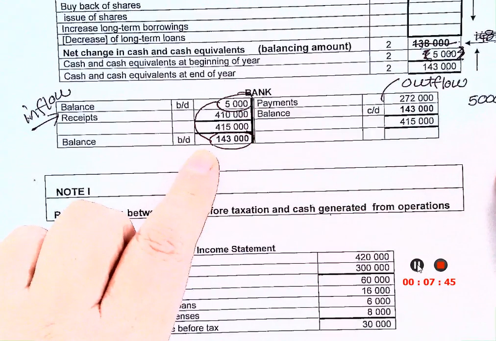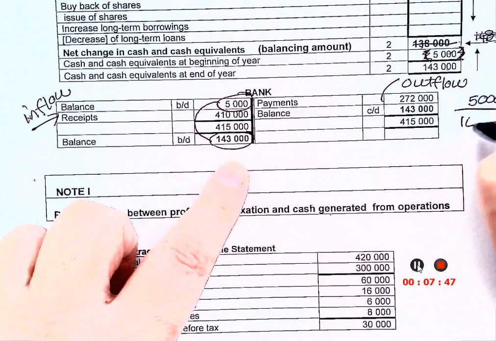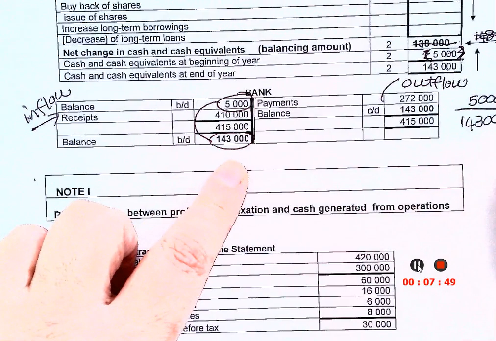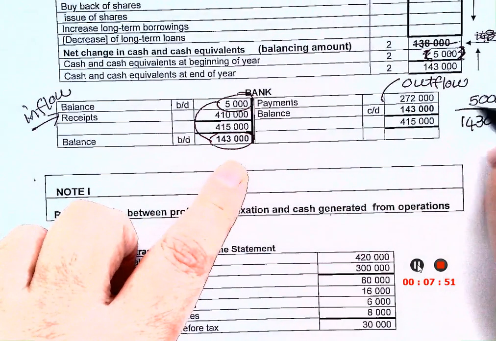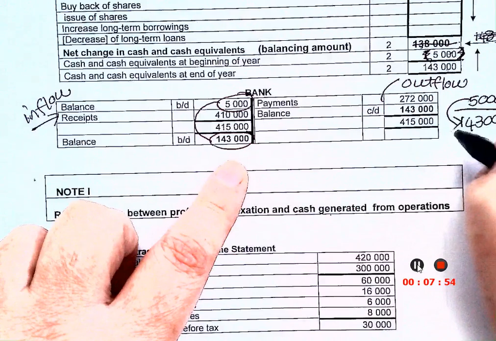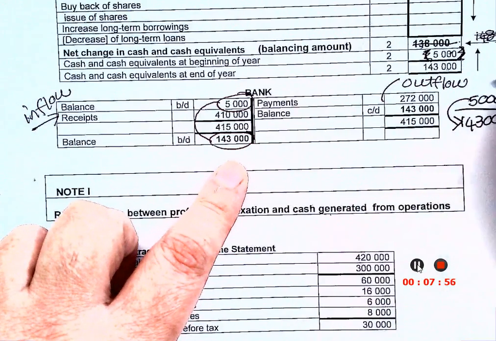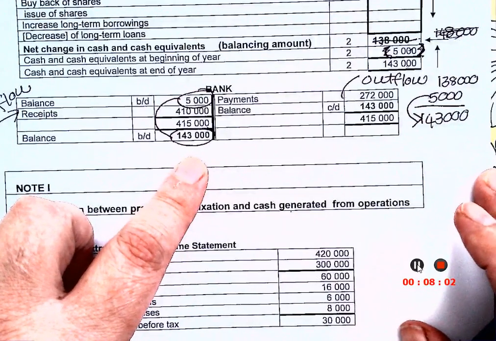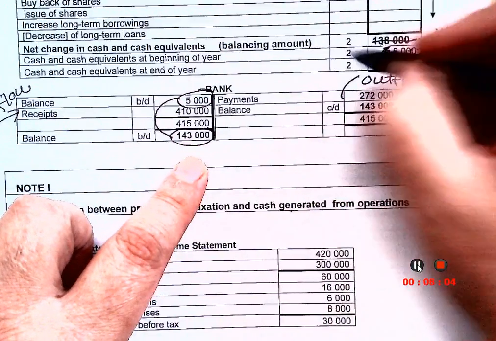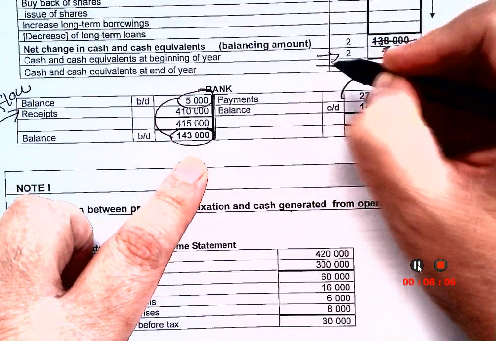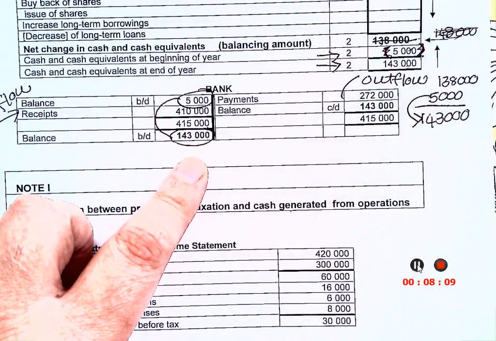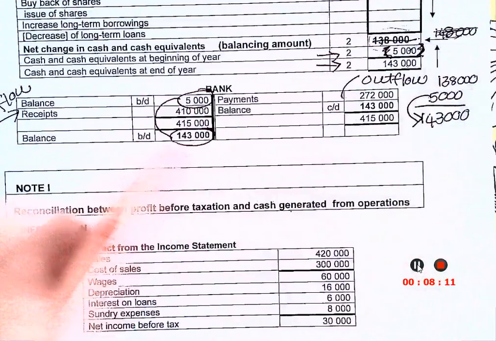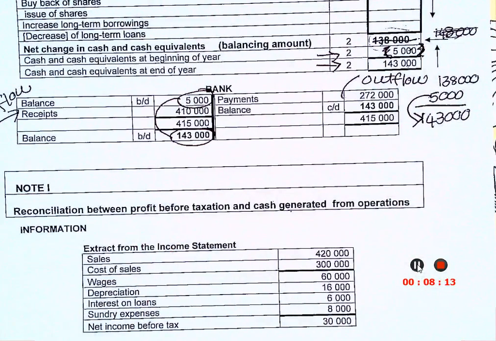Now I had 143,000. How much changed from this to this? 138. Can you see it's different things? This tells me how much is currently available. This tells me how much cash changed from the beginning of the year till the end of the year.